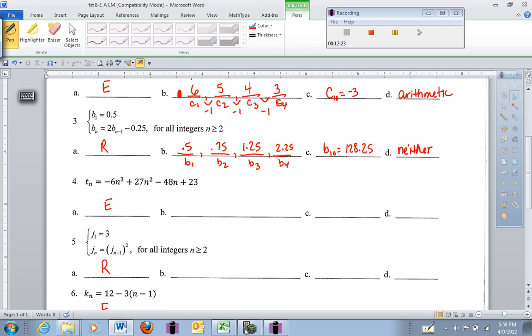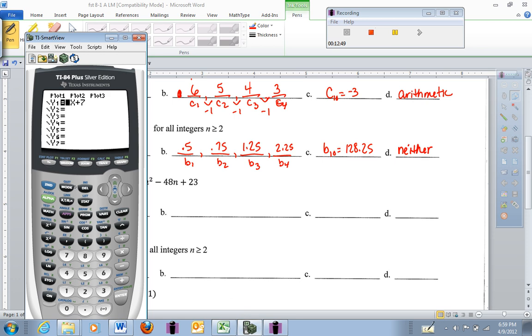Okay, I'm looking at number 4, and I see that I have an explicit formula. And I'm thinking to myself, it's very much polynomial looking. So I think the best way to attack this, rather than substitute 1 in for n and have to cube it and square it and take it times -48 and so on, and then substitute in 2 and then 3 and so on, I think it'd be easiest if I put it in my calculator in my y equals.